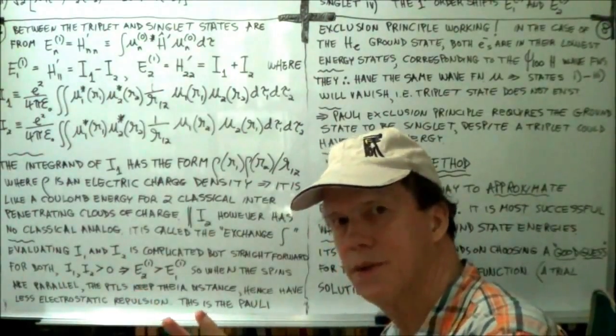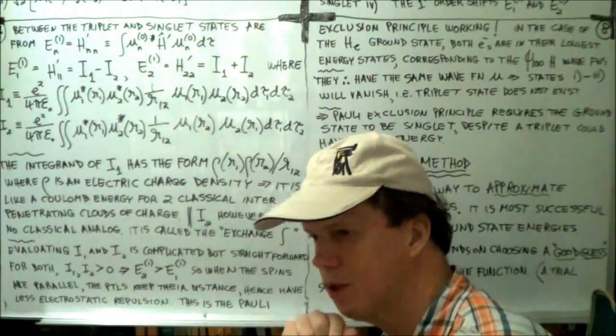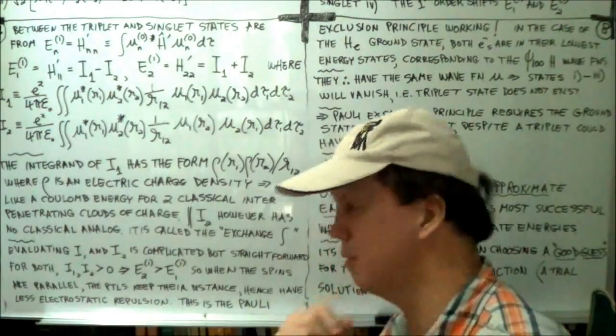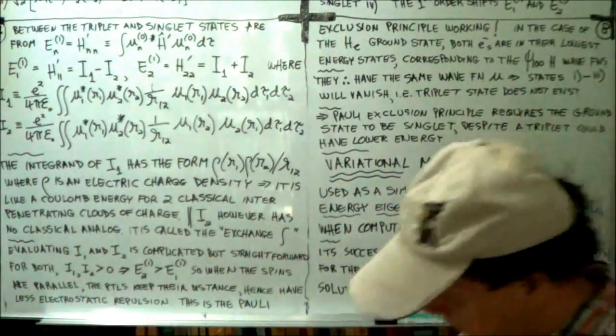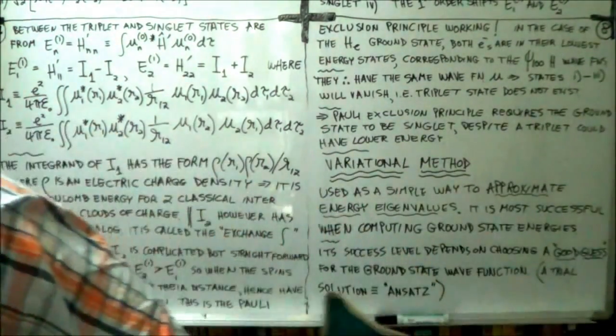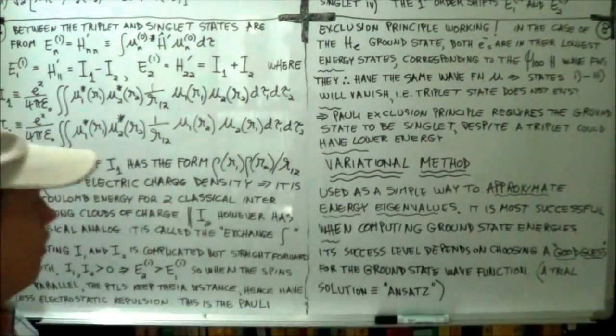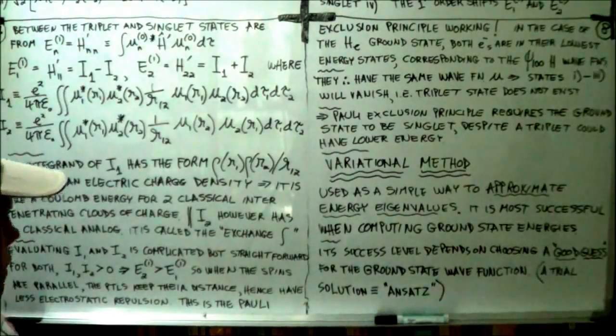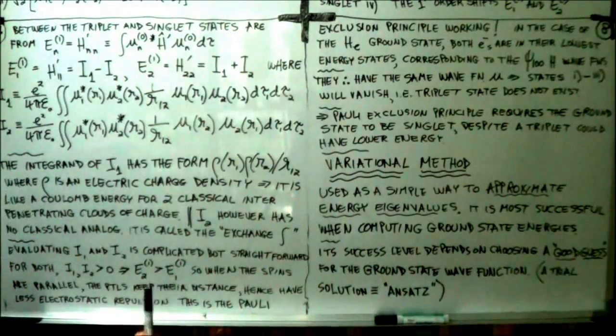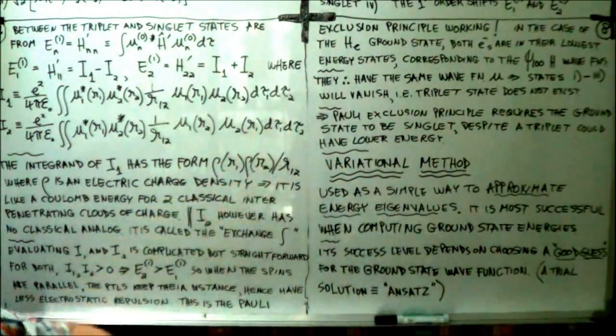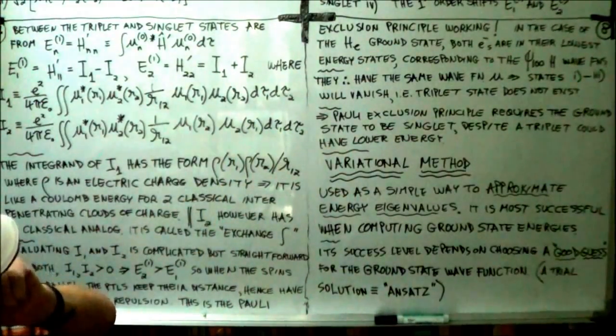They're not allowed to be close together. That's excluded from the Pauli exclusion principle. Right? So the fact that you get this kind of thing is consistent with the Pauli exclusion principle, right?